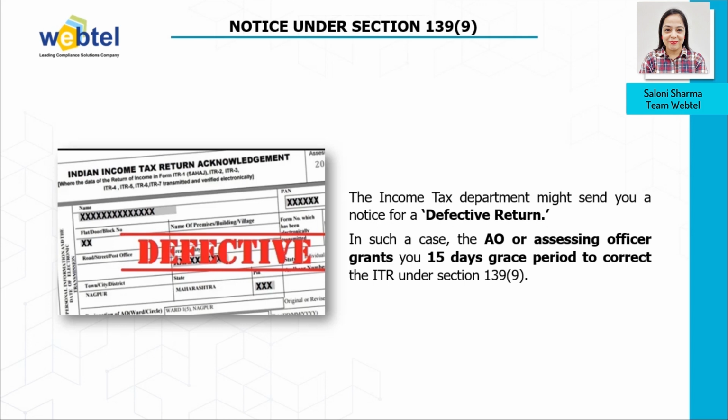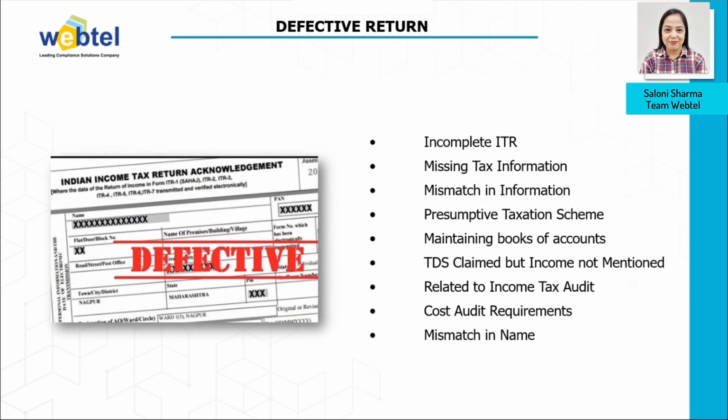And a defective return can be related to an incomplete ITR, missing tax information, mismatch in the information, presumptive taxation scheme, maintaining books of accounts, TDS claimed but income not mentioned, income tax audit, cost audit requirements, or mismatch in the name. So these are the reasons in which you will be receiving a notice as per section 139(9), or your return will be treated as a defective return.